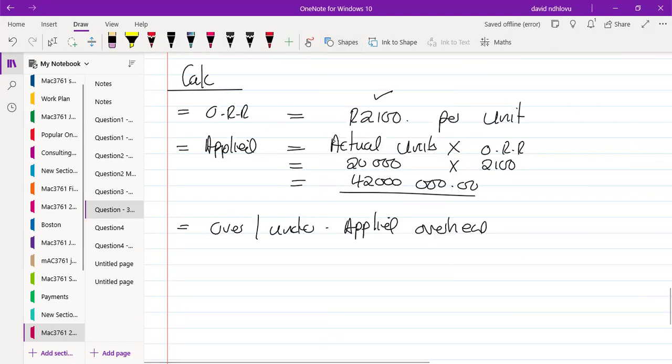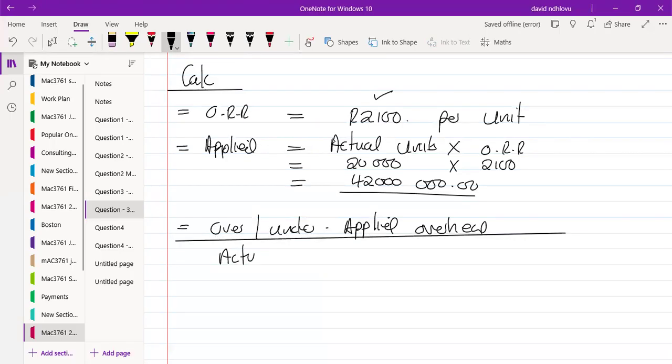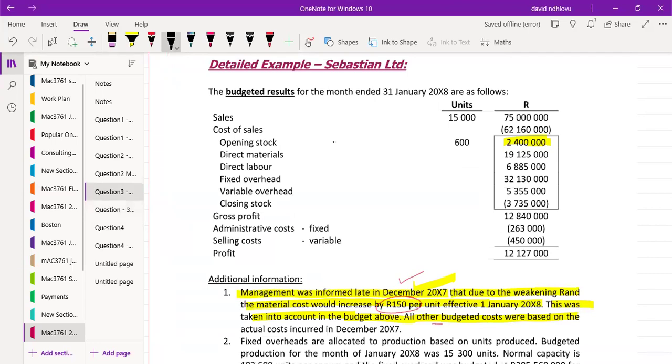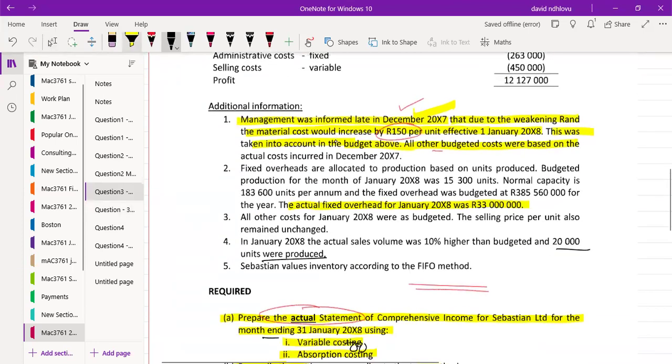Right, in which case now you will say, you will take your actual overhead minus the applied overhead. Right, so your applied overhead is the 42 that you charged yourself based on your projections. Then for the actual, you don't calculate that, they will give you in the question.